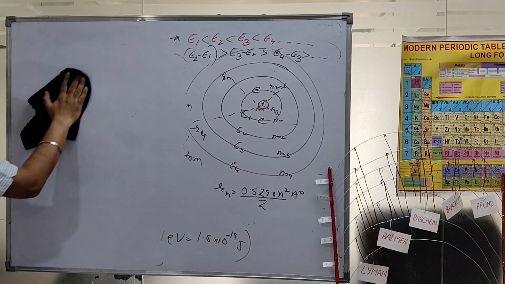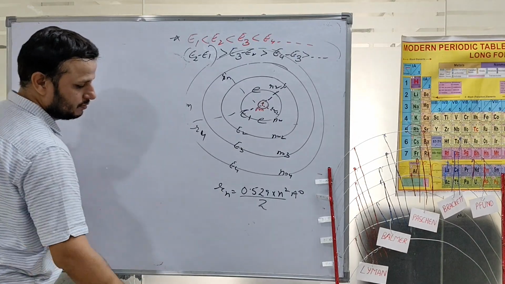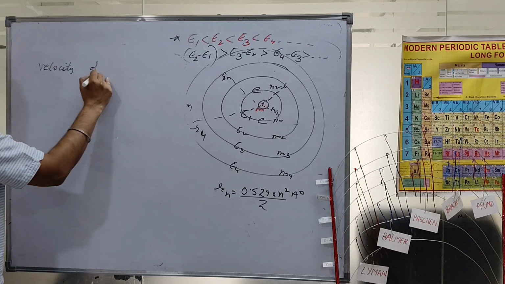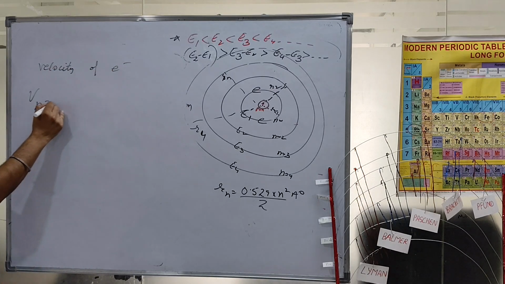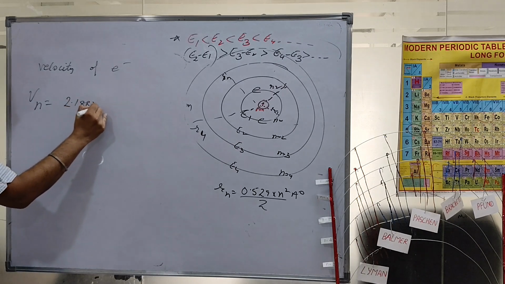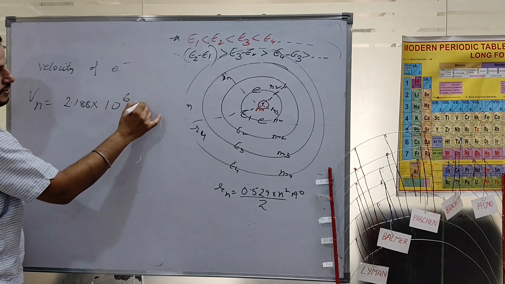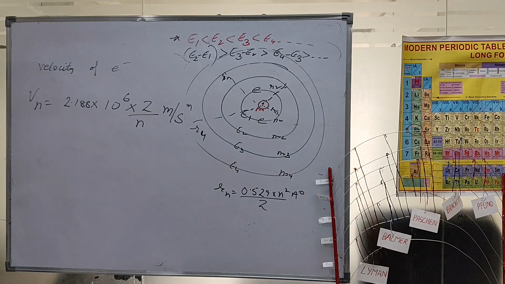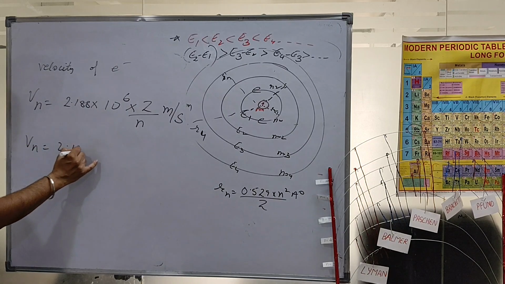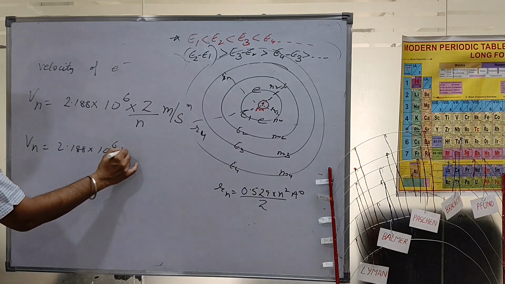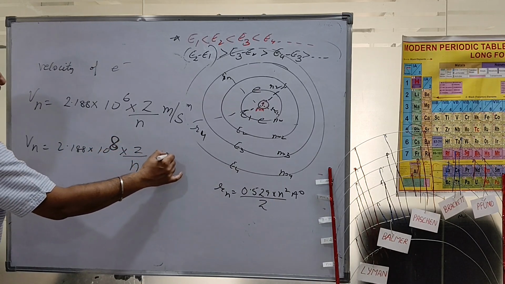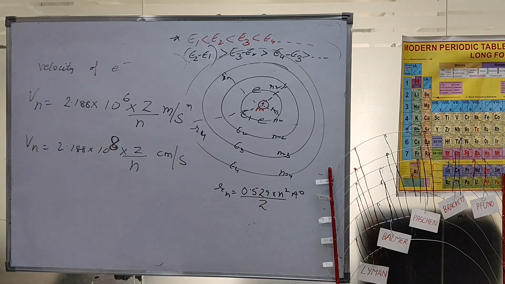In the Bohr's formula, then velocity of electron in any shell. The velocity of electron is equal to 2.188 into 10 to the power 6 into Z by n meter per second, or 2.188 into 10 to the power 6 into Z by n, बस यहाँ 10 to the power 8, it gives in centimeter per second.